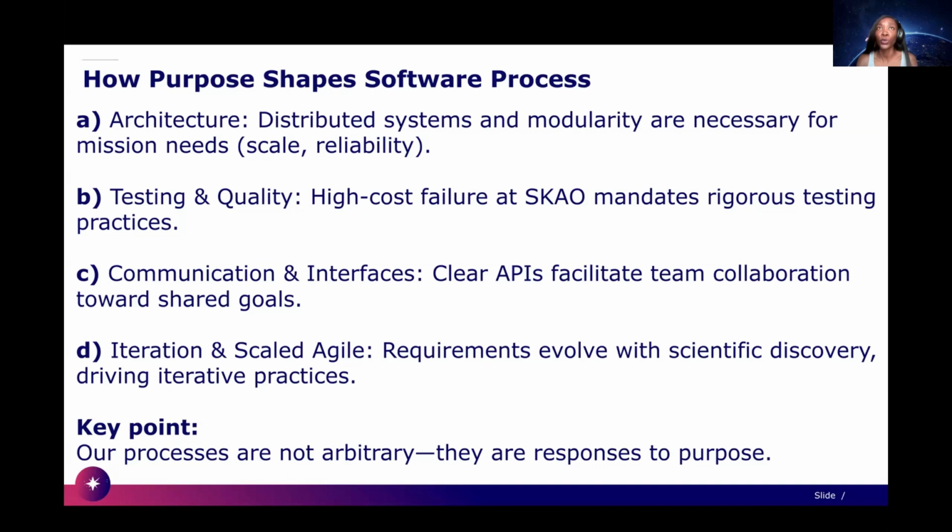We call them L2 or L3 requirements, but it's more of a system engineering level of testing before we take it to site, where we can test on the actual hardware. And so there's a high cost to failure. So we want to test as many things as possible before it gets to site so that we can rectify anything.